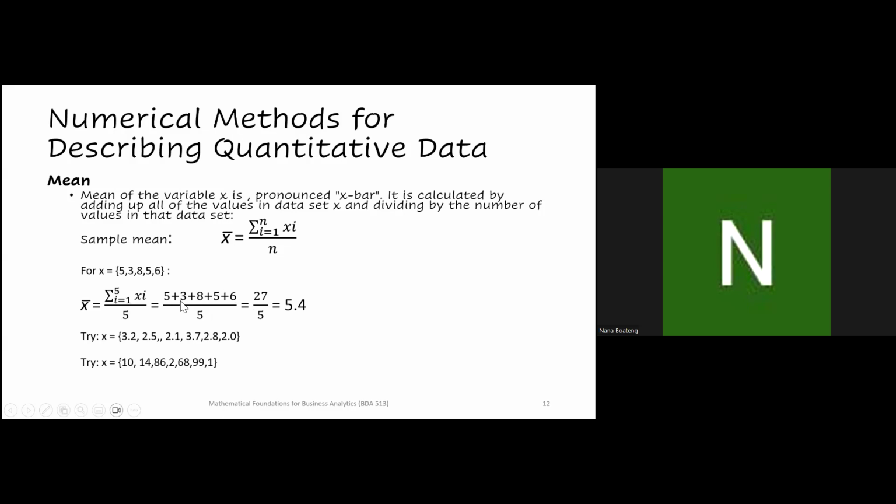We add them all up and then divide by the total number of observations, that is n. That gives you 5.4. So basically, that is how a mean is calculated.